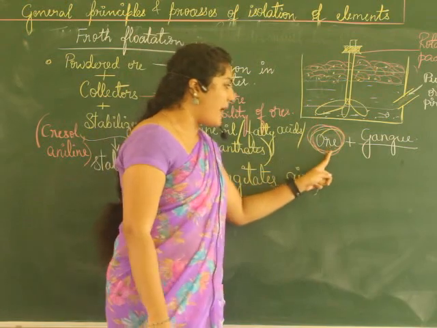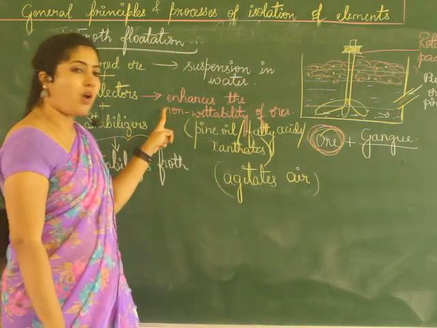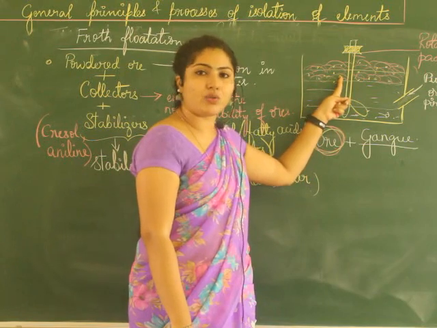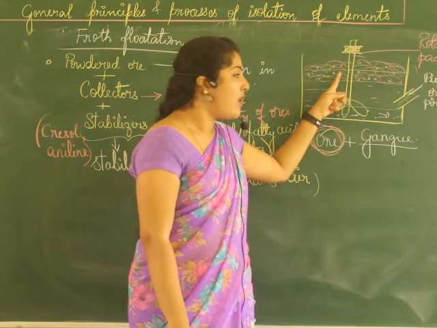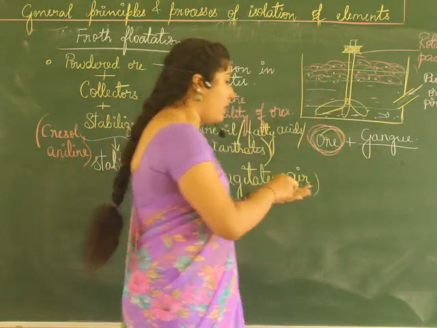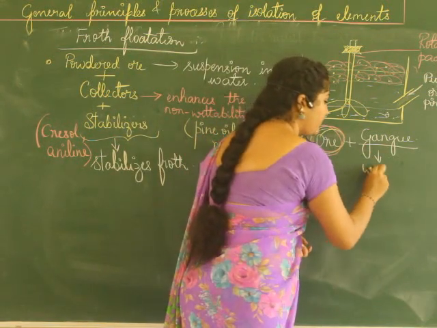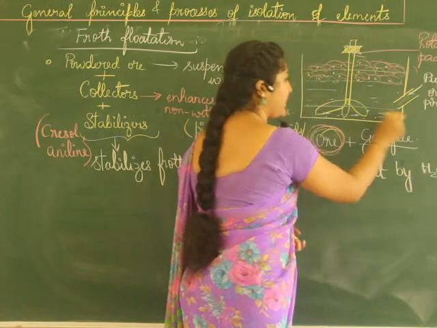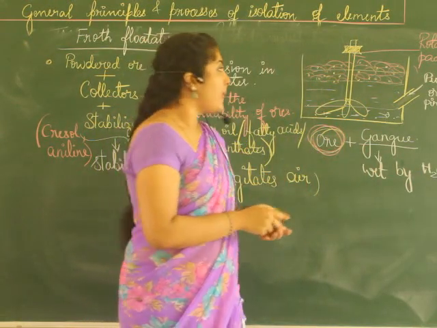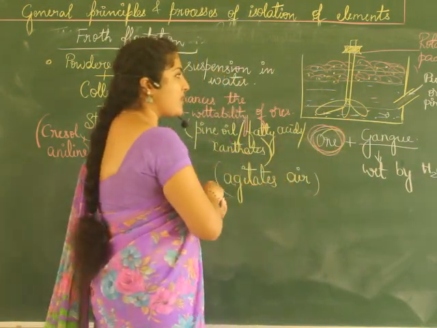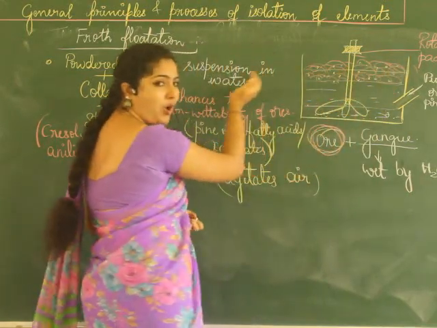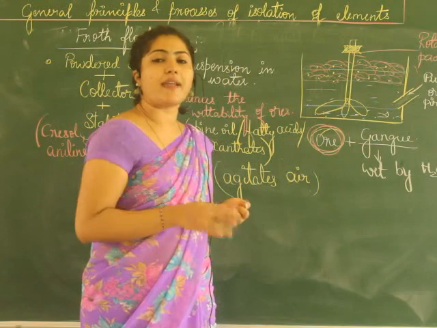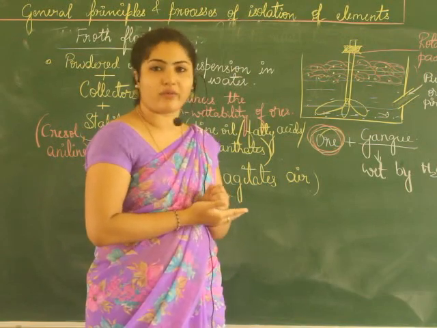Now the ore particle that is mixed with the oil rises up and gets into the froth, whereas the gangue particle, which is wet by water, gets settled down. Now this particular froth which is formed can be skimmed off and it can be separated. It can be dried and you can get the concentrated ore from it.